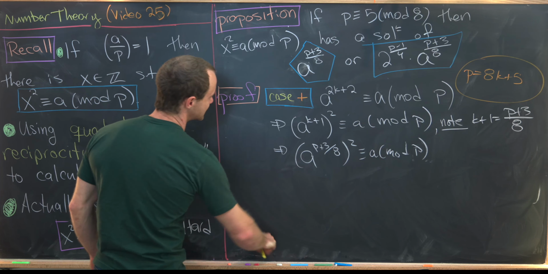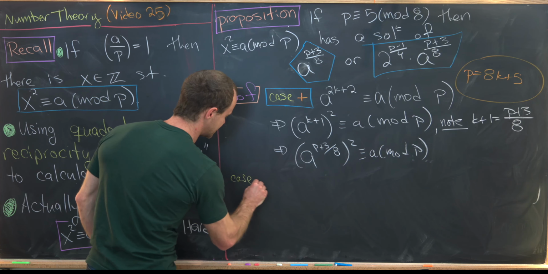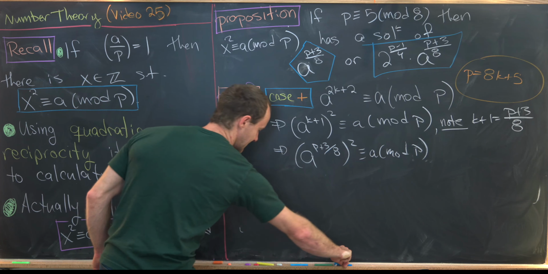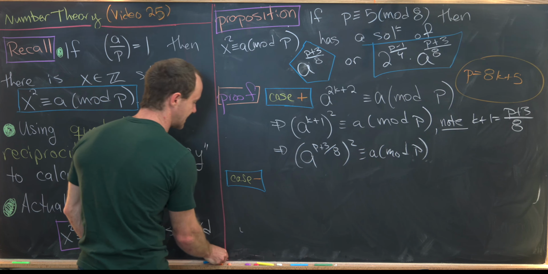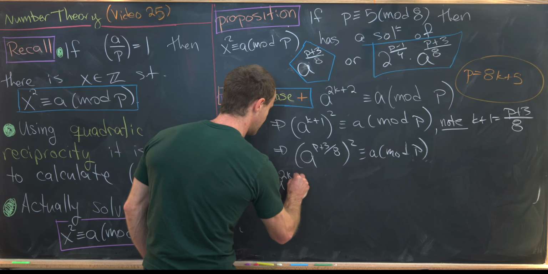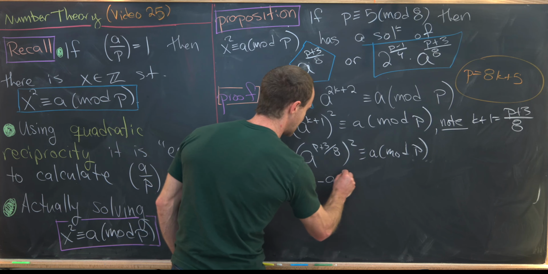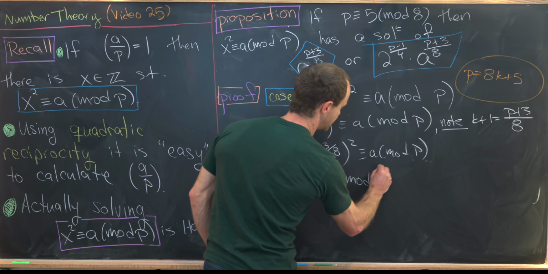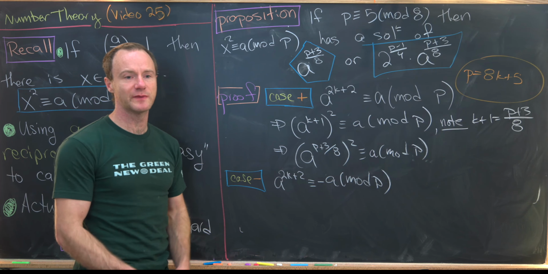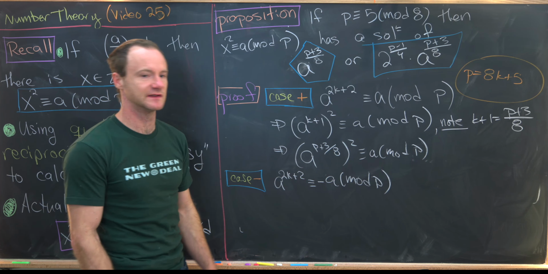Okay, so now let's do our second case. Since I called this first case, case plus, let's call the second case, case minus. So here we have a^(2k+2) is congruent to negative a modulo p. And this case is a little bit trickier, but not too bad if you recall some of the facts that we've seen in the past.